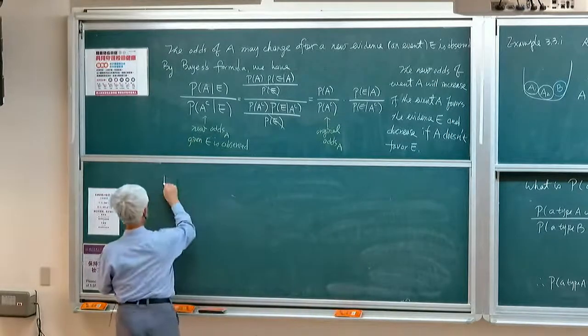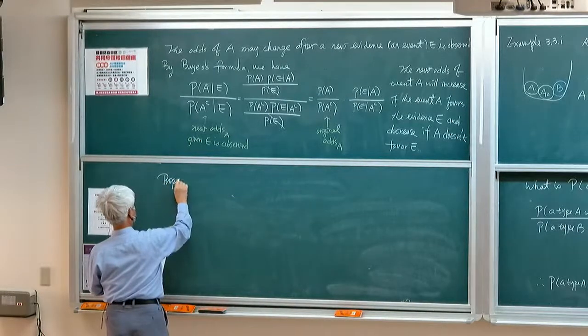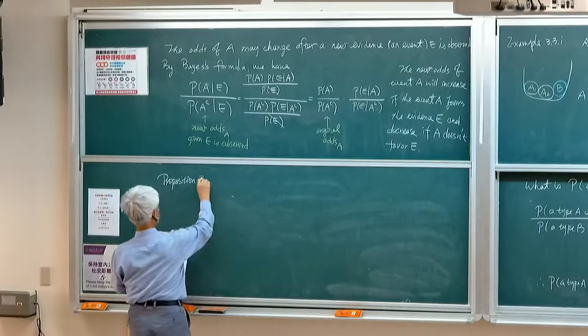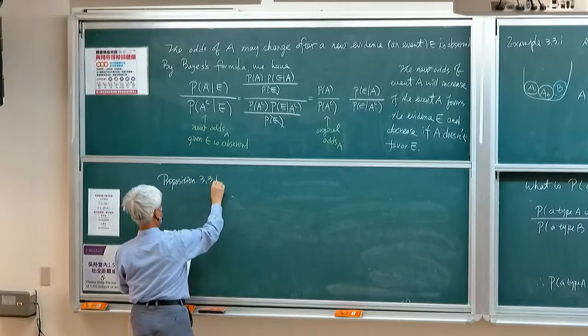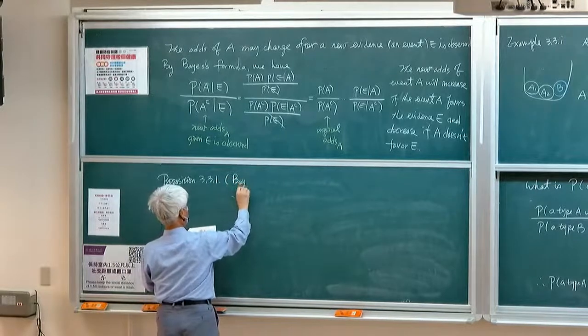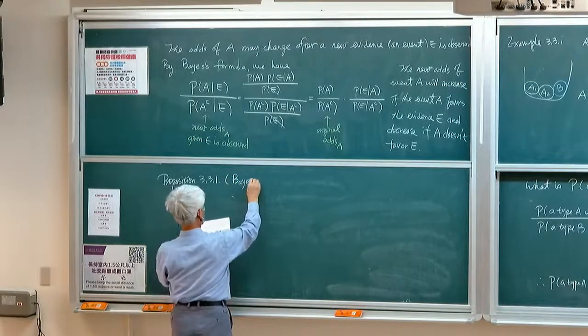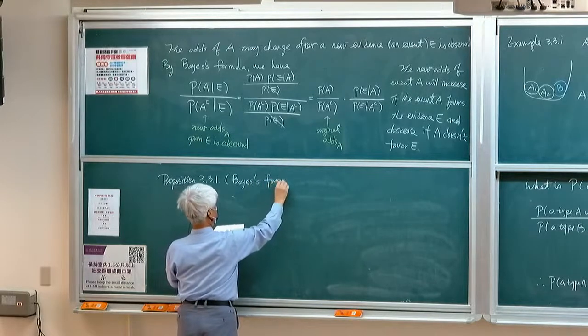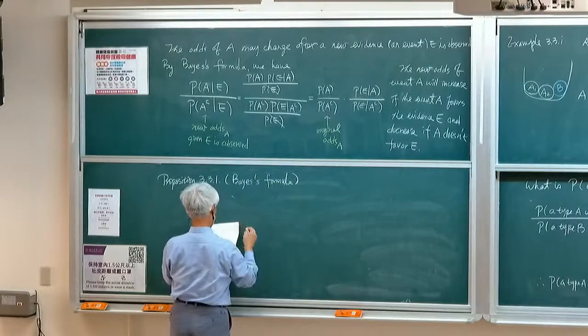Okay, and so we write this generalization as Proposition 3.1 and call it Bayes formula, right?